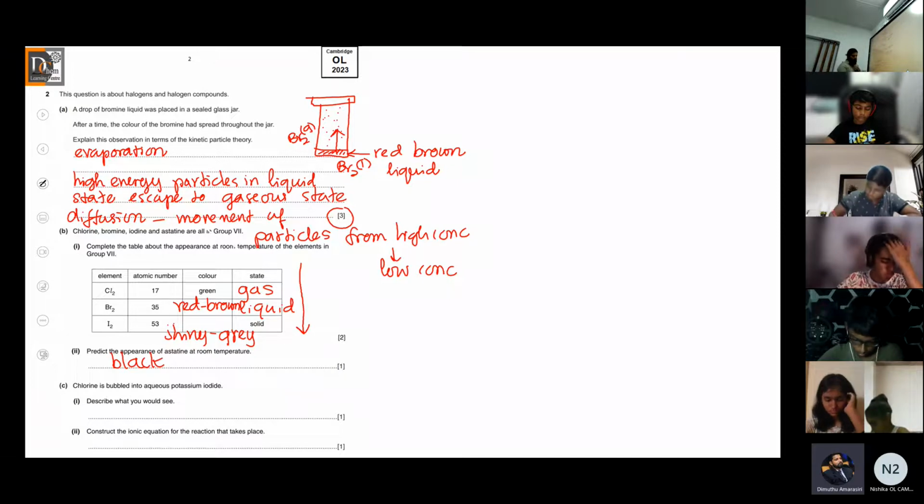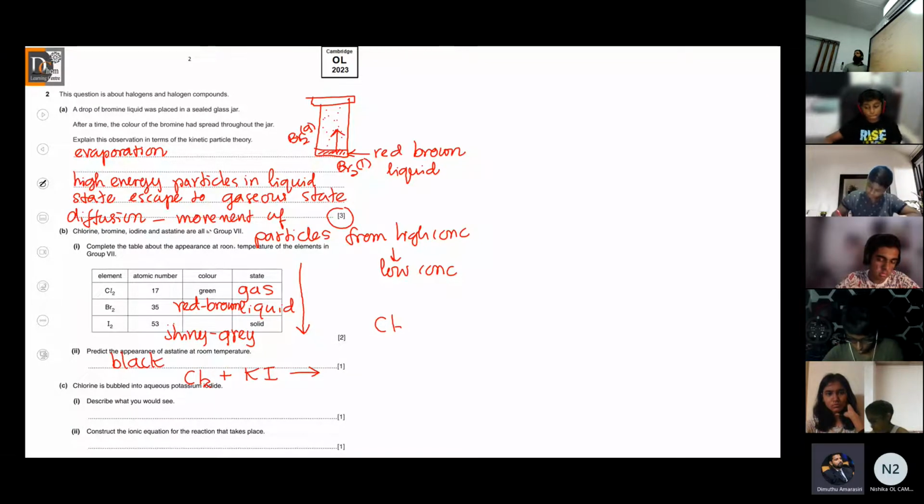Chlorine is bubbled into aqueous potassium iodide. Tell me which element is more reactive, chlorine or iodine? Okay, let me give you a hint.